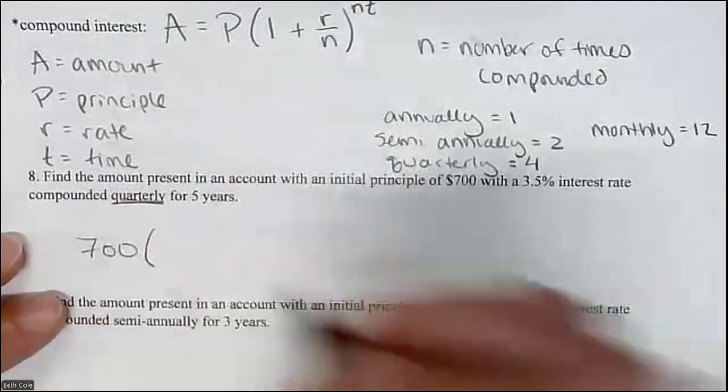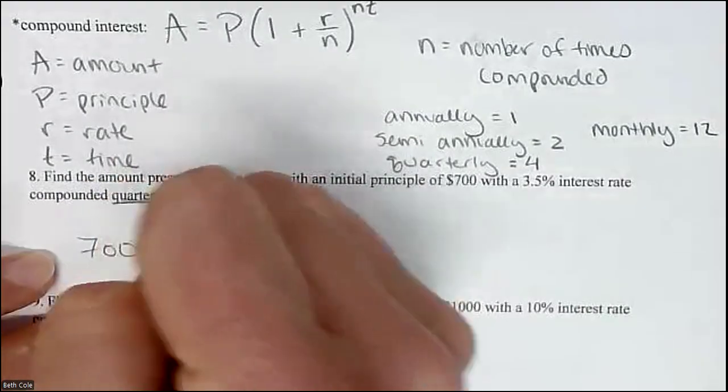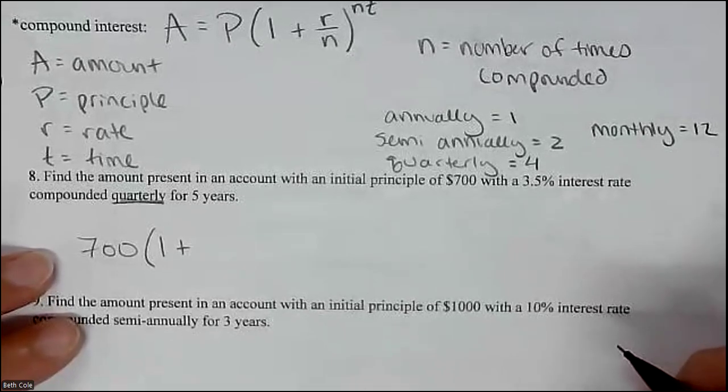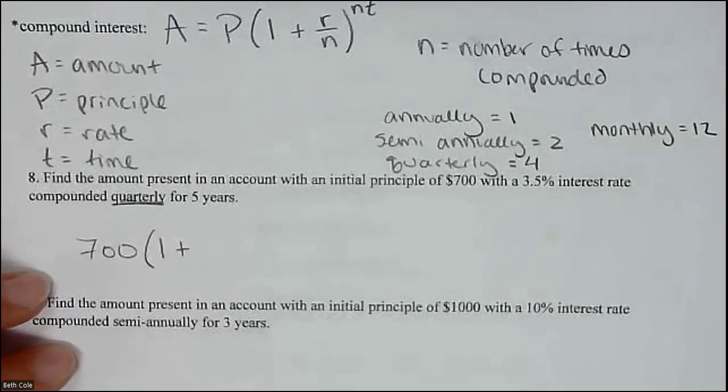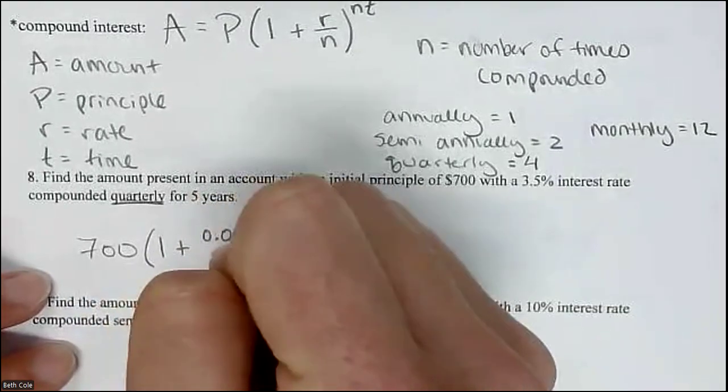700. Parenthesis. 1 plus, what's R? Good. Now, if you put 3.5, you're going to catch this because your answer will not make any sense. You will get like $1 billion. All right. You have to move the decimal point.